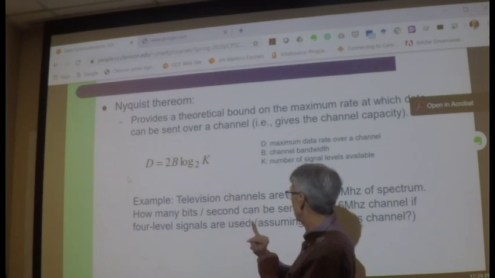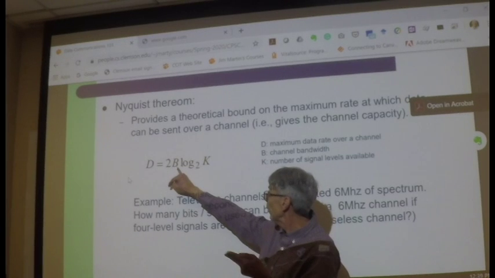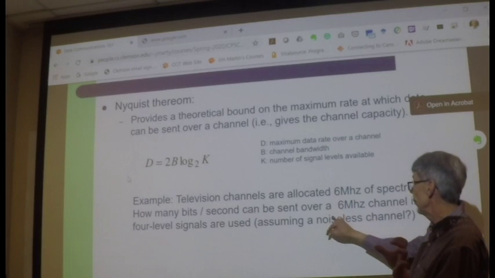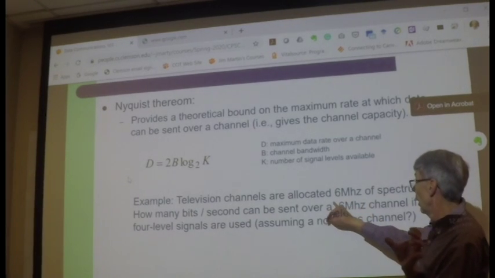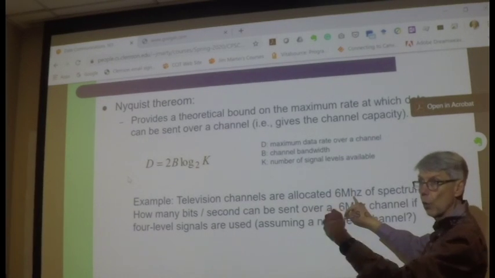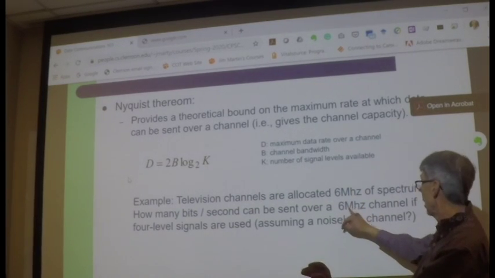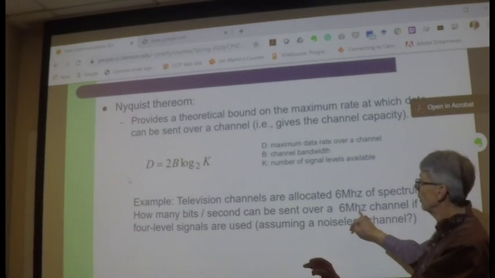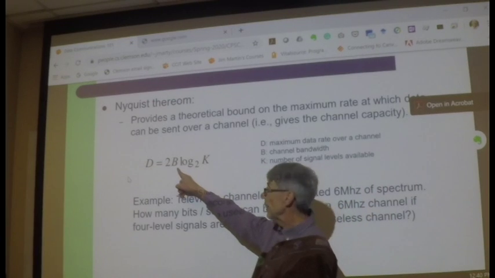So B in the formula is the bandwidth. The example I'm going to use here is a TV channel, and this is true over the air or over a coax cable, it uses a 6 megahertz channel. So B is going to be 6 megahertz.